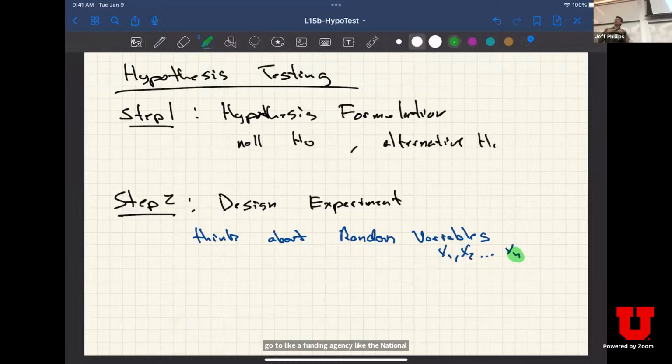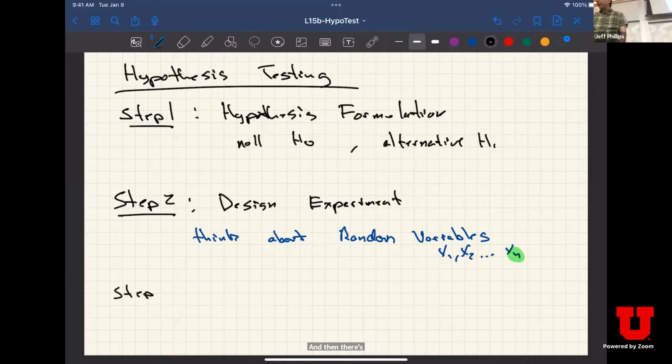If the data comes back like I suspect it will, then I would be able to support the alternative hypothesis. And this is how many patients I'll need to study. So these are things you do before you look at the data. Okay, and then there's a third step. Step 3 is when you actually run the experiment.